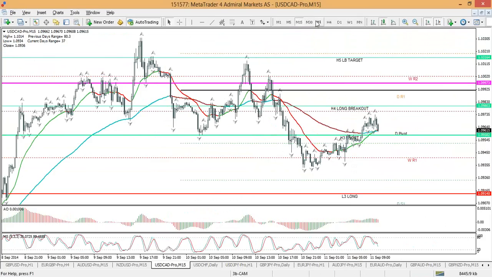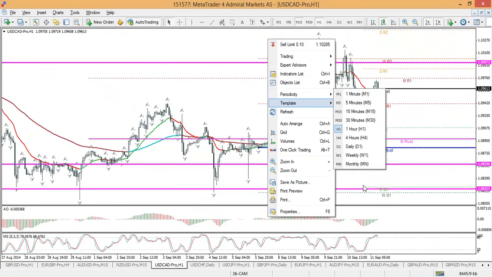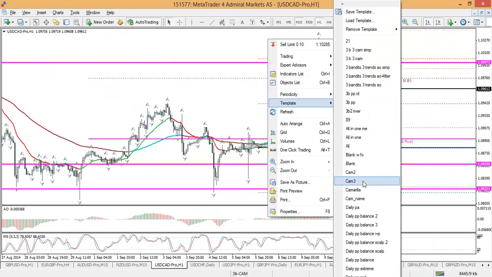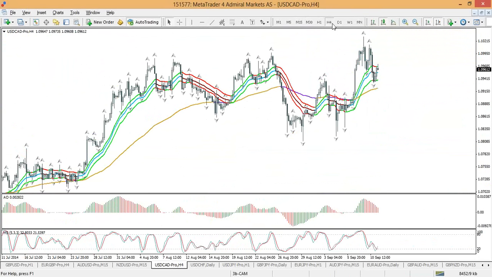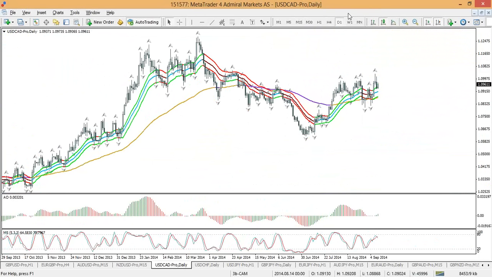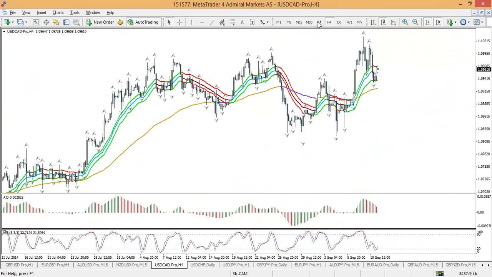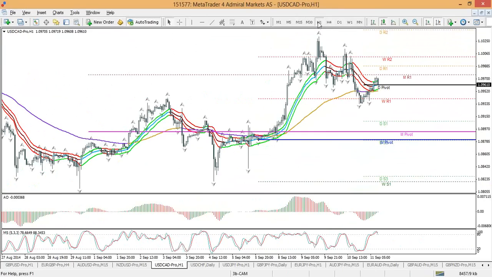Dollar CAD. I don't consider this pair trending enough from the moving average point of view.